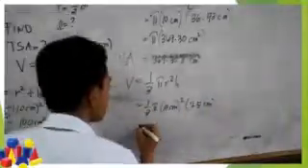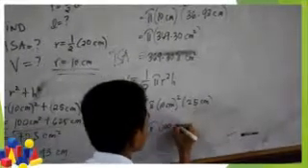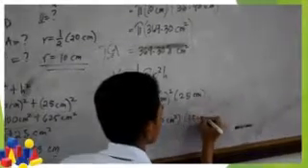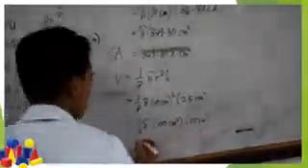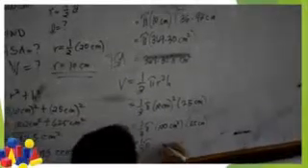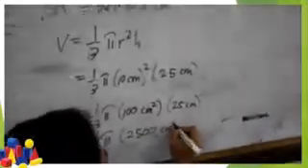So 10 squared is equal to 100 square centimeter times 25 centimeter. 100 times 25 is equal to 2,500 cubic centimeter.